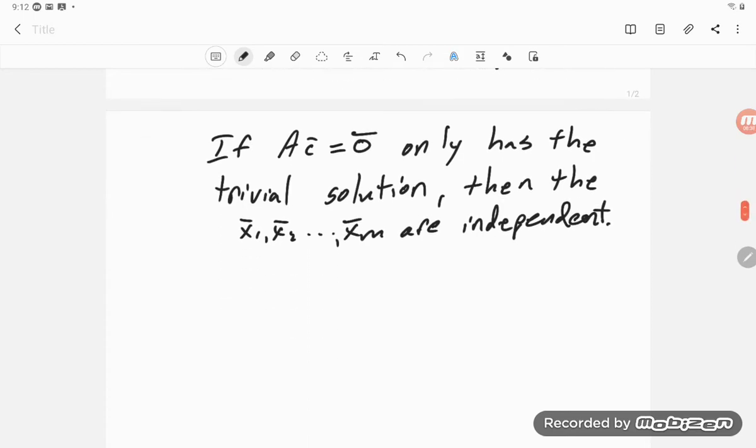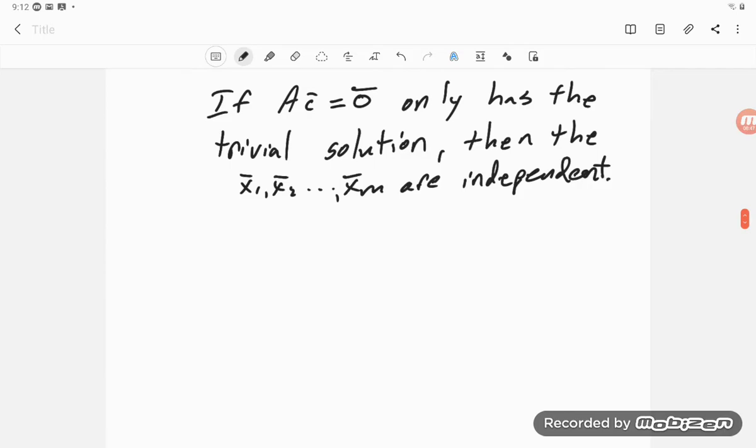So looking at it as columns of a matrix or just standalone vectors, here's an example.